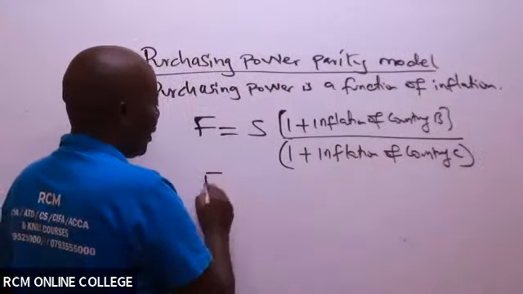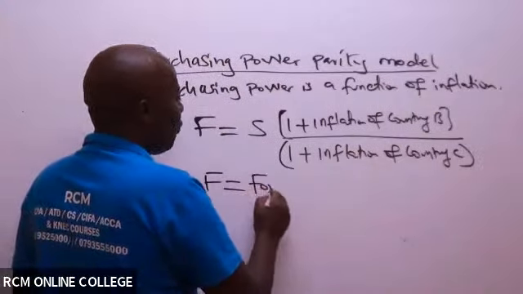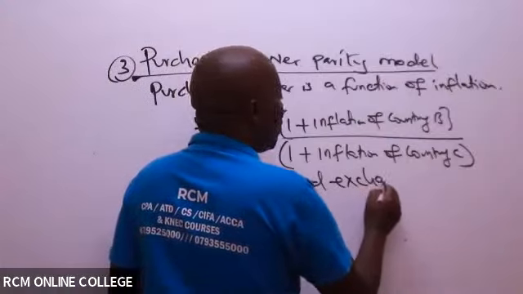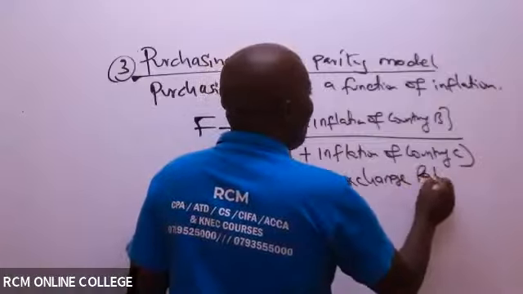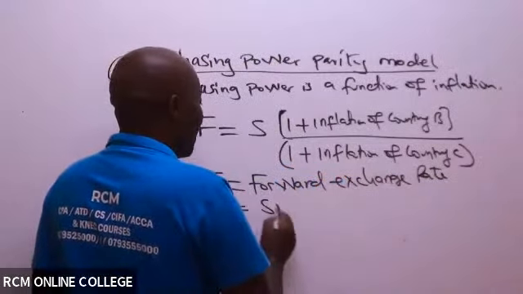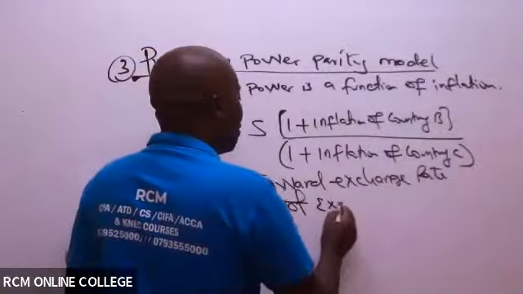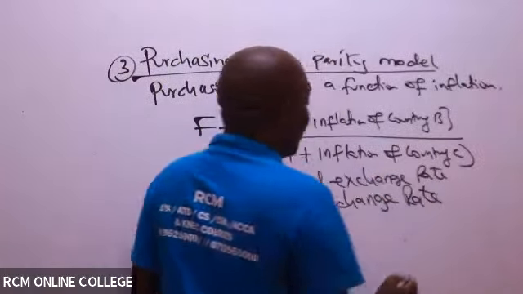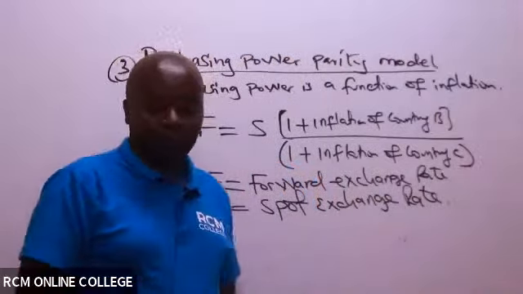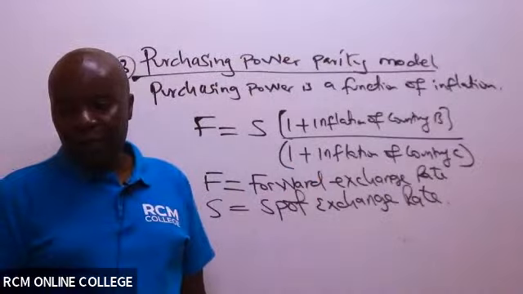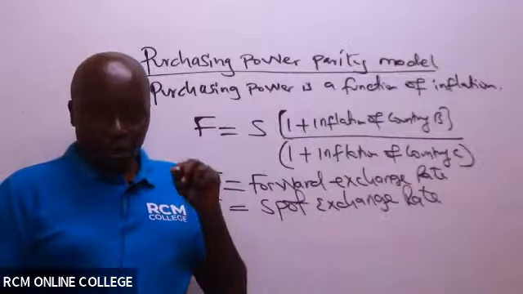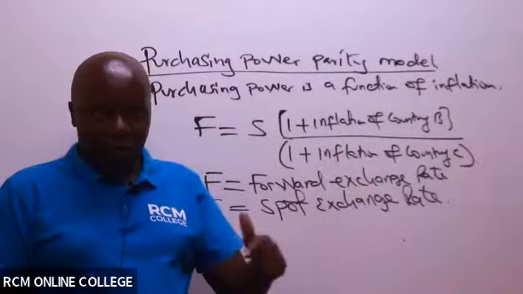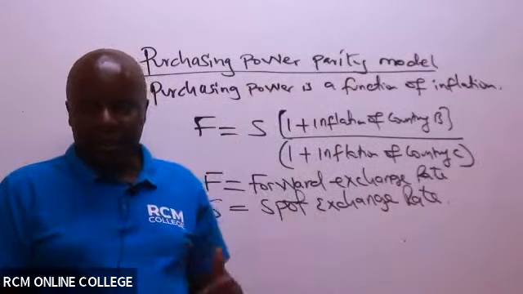So remember, this F is what we want to predict, the forward exchange rate, and S is the spot exchange rate. Spot means today's rate. Forward is future. Forward is an exchange rate in the future.